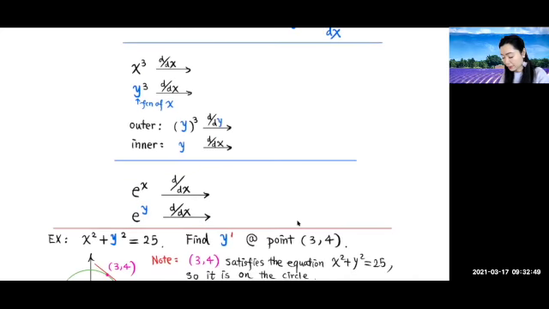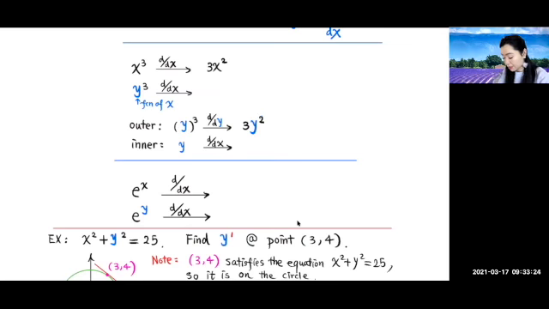Okay, now another one. X cubed, if I differentiate that with respect to x, I will get 3x squared. If I differentiate y cubed with respect to x, again, if I break it down in steps, this is a composition of this outer function with this inner function. Differentiate this outer function with respect to y, I will get 3y squared, right?